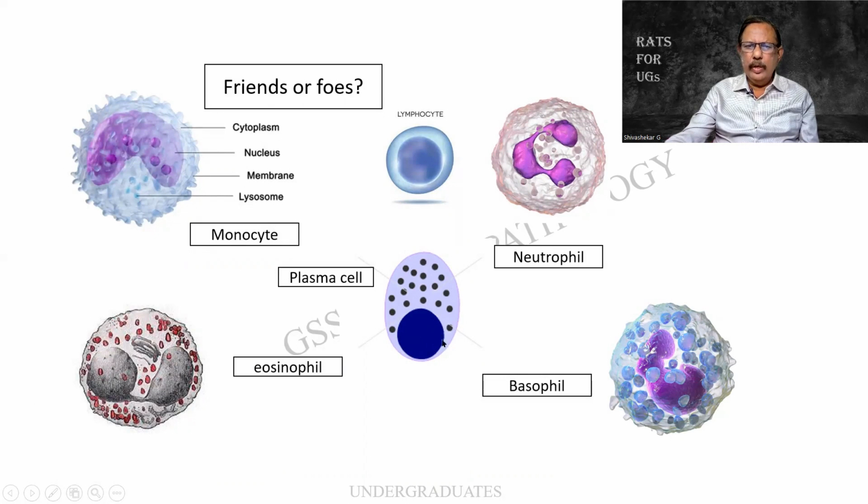Plasma cell is oval or ovoid with an eccentric nucleus, and there can be antibodies within it. Neutrophil, neutral granules, and basophil, B for blue, bluish granules. Lymphocyte, no granules, but it can play havoc or save lives.